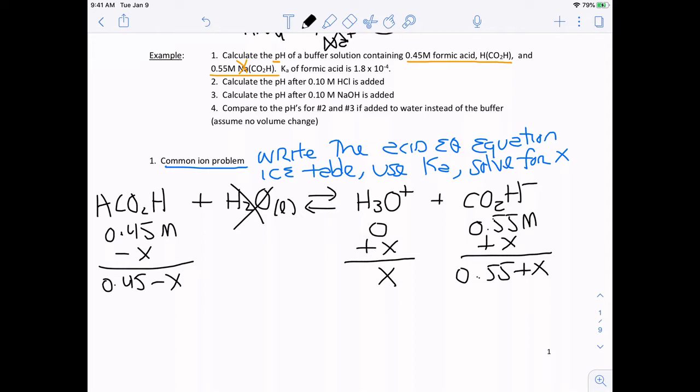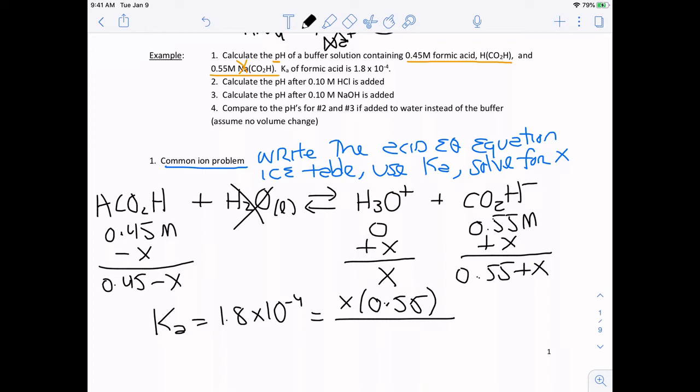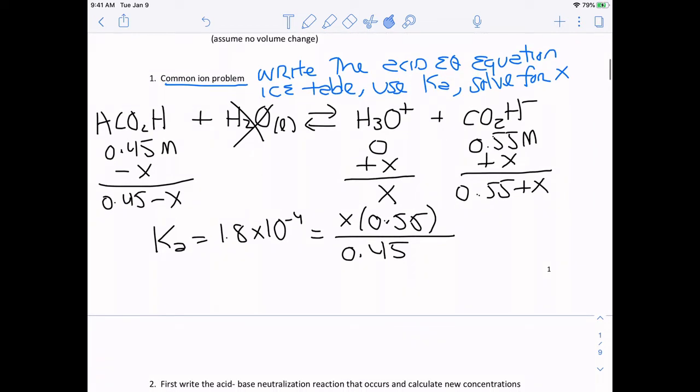So when I plug them into my expression, I can just take 1.8 times 10 to the negative fourth is equal to x times 0.55 plus x, but I am ignoring that plus x. We can use that assumption. Over 0.45 minus x, but again, I'm using that assumption because my equilibrium constant is small. So I'm just going to write that number, and we will solve for x.